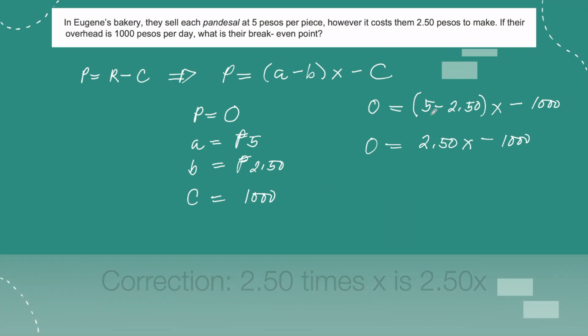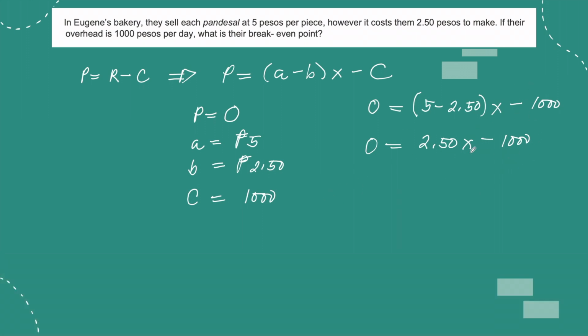So, papasok na naman tayo sa APE. Ang gusto mong mawala dito yung minus 1,000. So, mag-a-add ka ng positive 1,000. Dito mag-a-add ka din ng positive 1,000. So, this will become 1,000 is equal to 2.50x.